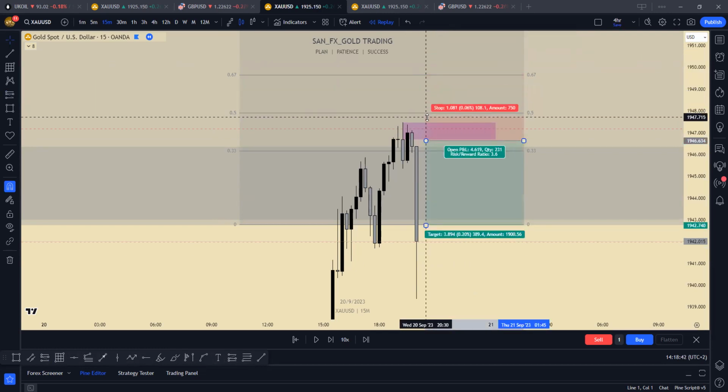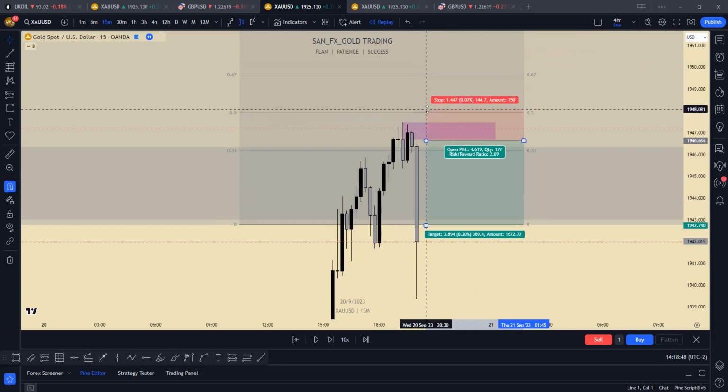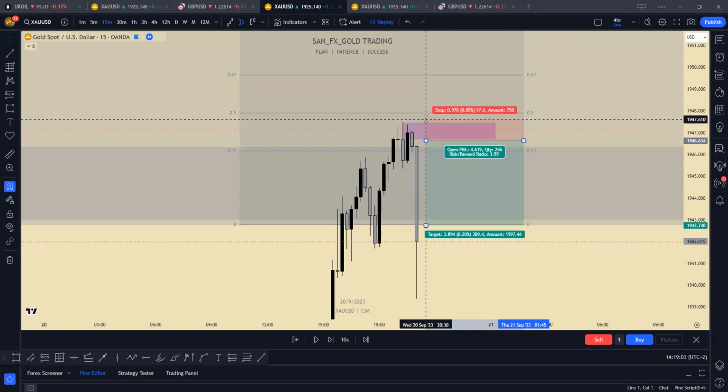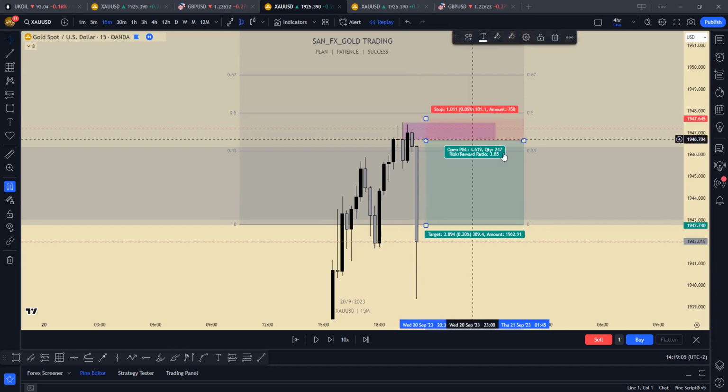Stop loss can be 10 pips or something like this. This is the 10 pips, or a safety entry just above the 50% mitigation. This is 14 pips. Personally, I use this one, 10 pips at the moment.